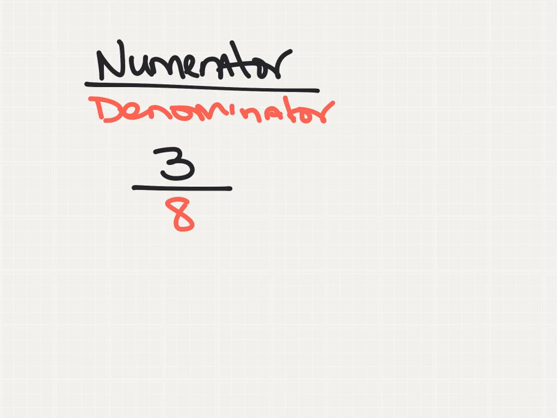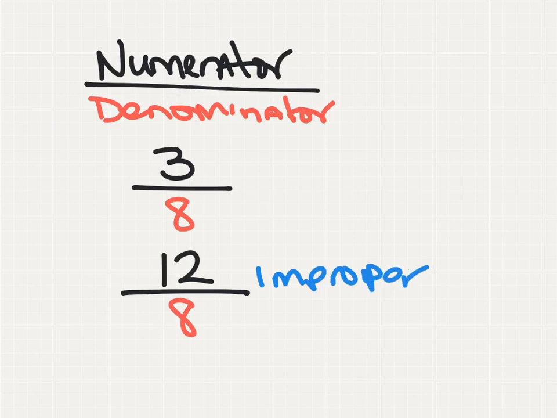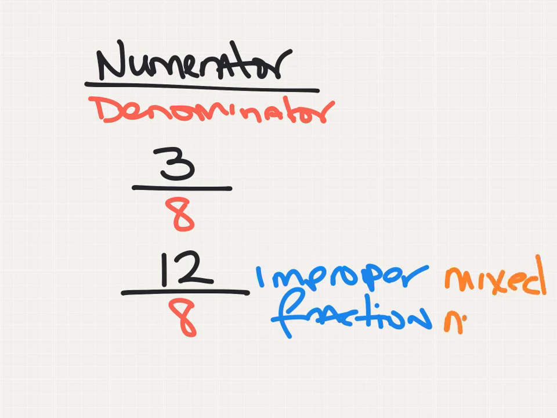If we have a fraction where the numerator is larger than the denominator, that fraction is called an improper fraction. And if we have an improper fraction, we're going to rename it into a mixed number. A mixed number is a whole number and a fraction.